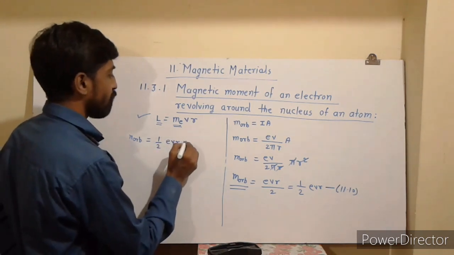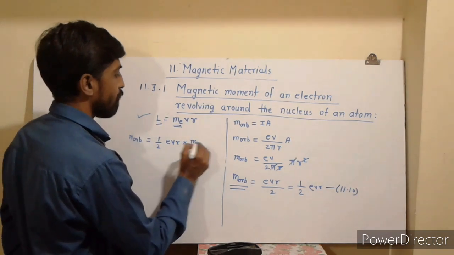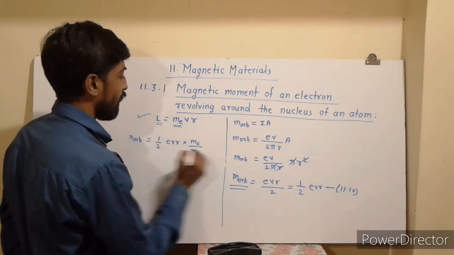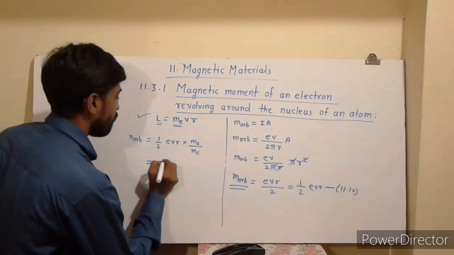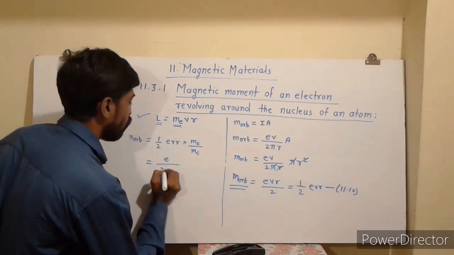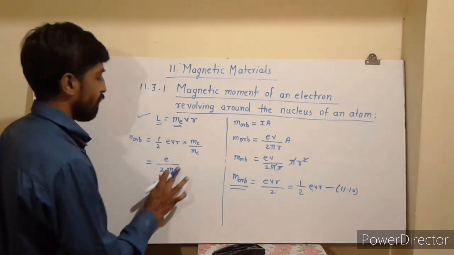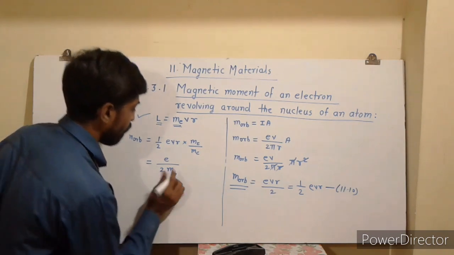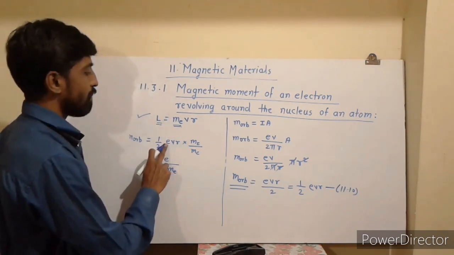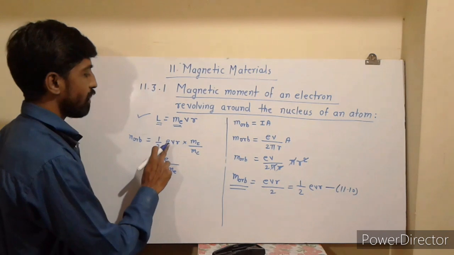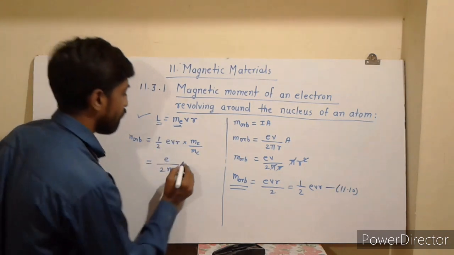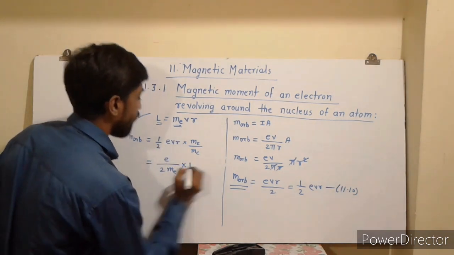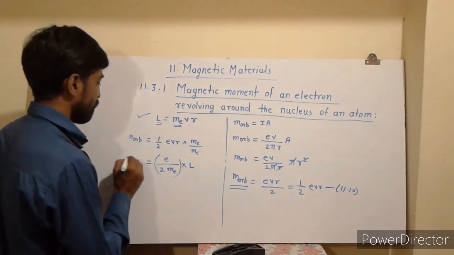So we have to multiply and divide by the mass of the electron. So therefore it becomes e divided by 2 m e, and the remaining term is m e v r, which is the angular momentum.